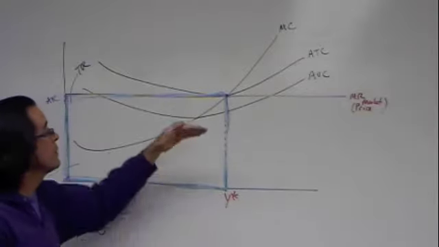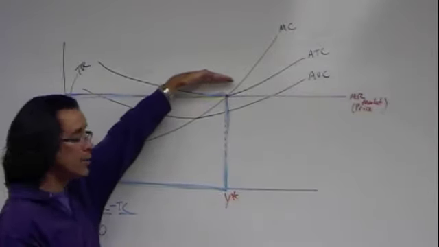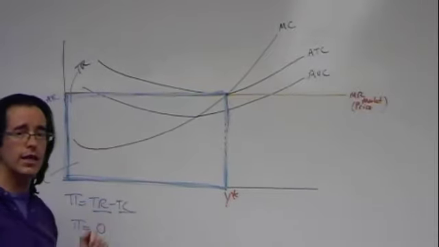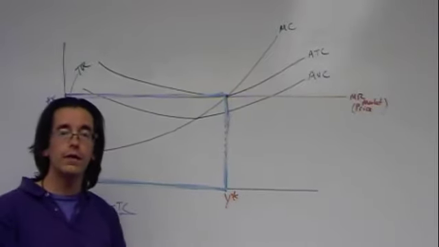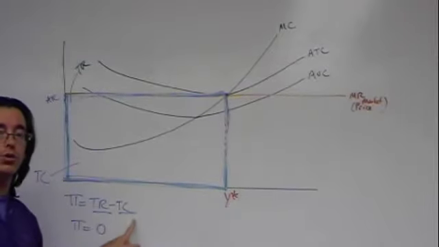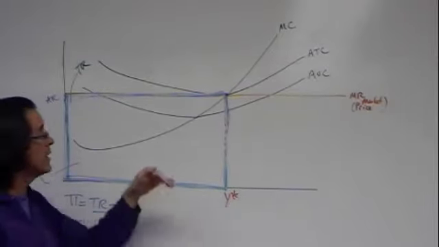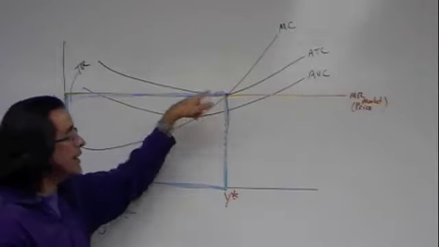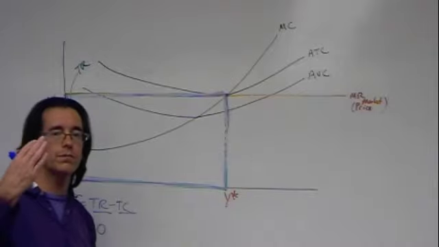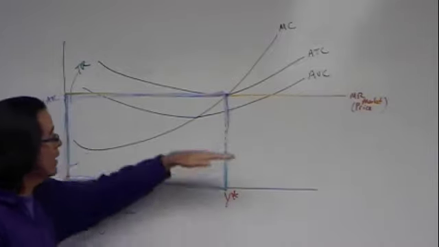The other point to remember is that if we increase the price above the break-even price and you went through the exercise again, you would see that profits would become positive. That total revenue box would be greater than the total cost box. So again, this break-even price is your indicator of the difference between positive profits and negative profits.